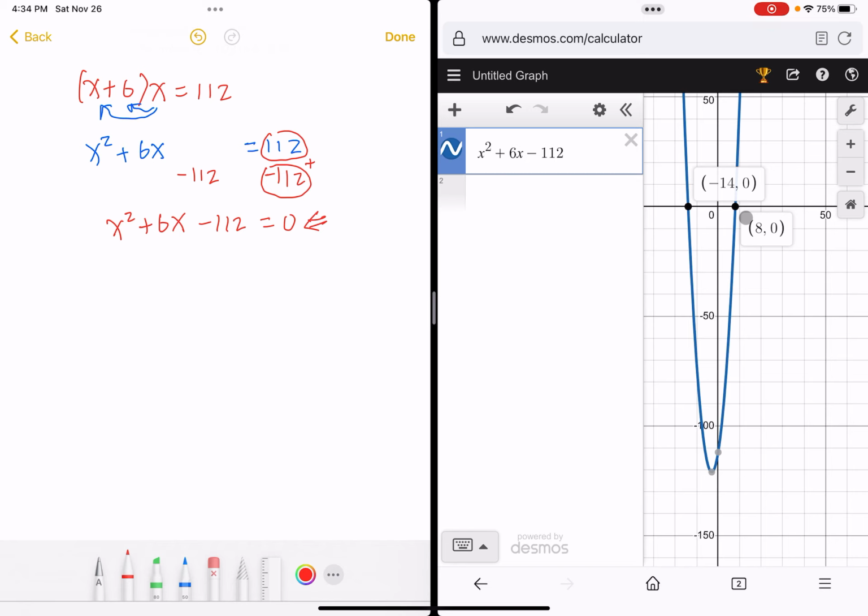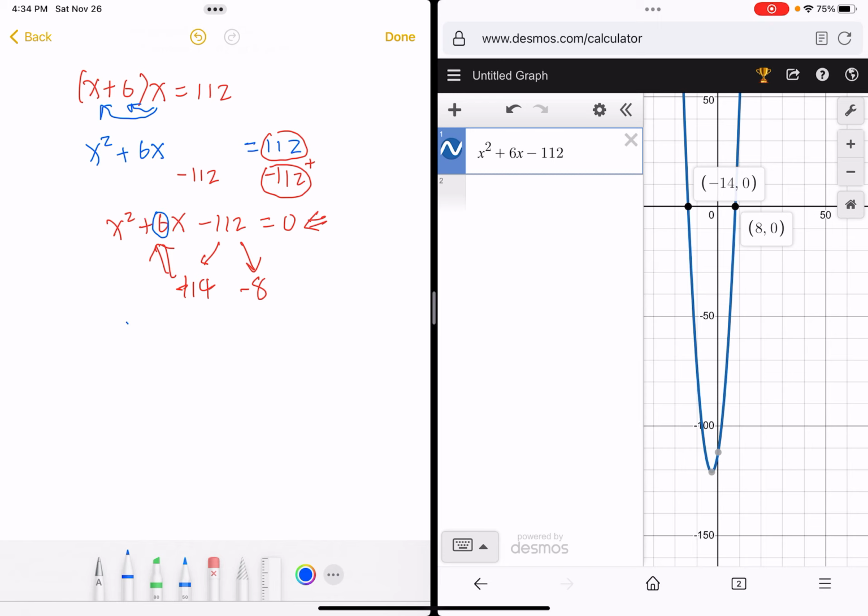Mathematically, how do we do that? We know negative 112 is positive 14 times negative 8. Added together, you have a positive 6.